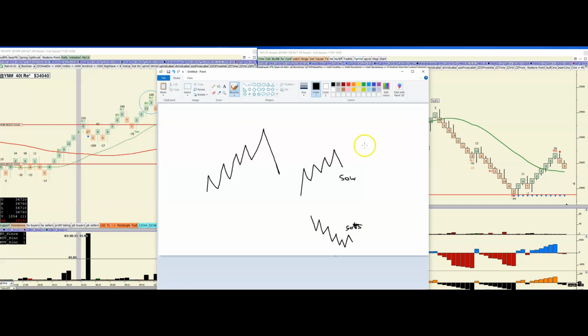What it comes down to is this is selling and that's buying. This sign of weakness is selling and the other one's buying. But people buy and sell for different reasons. So, what are the potential reasons?